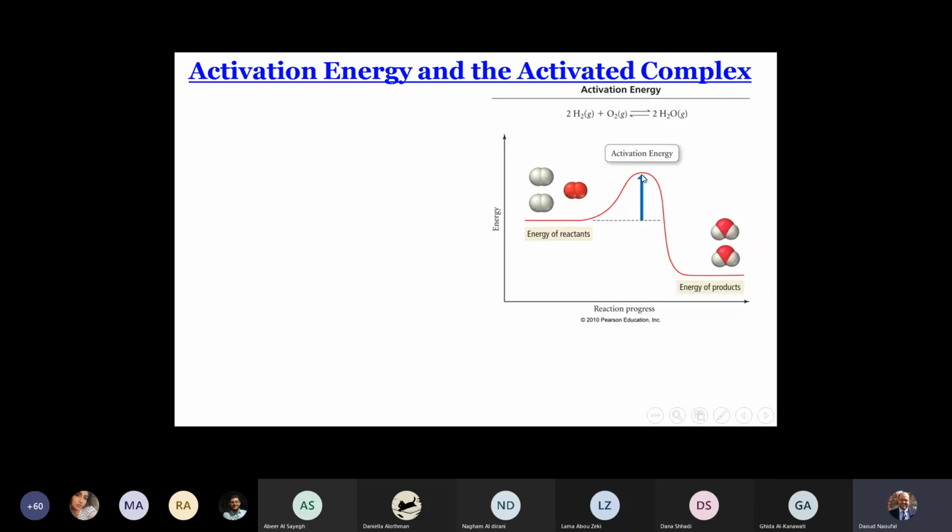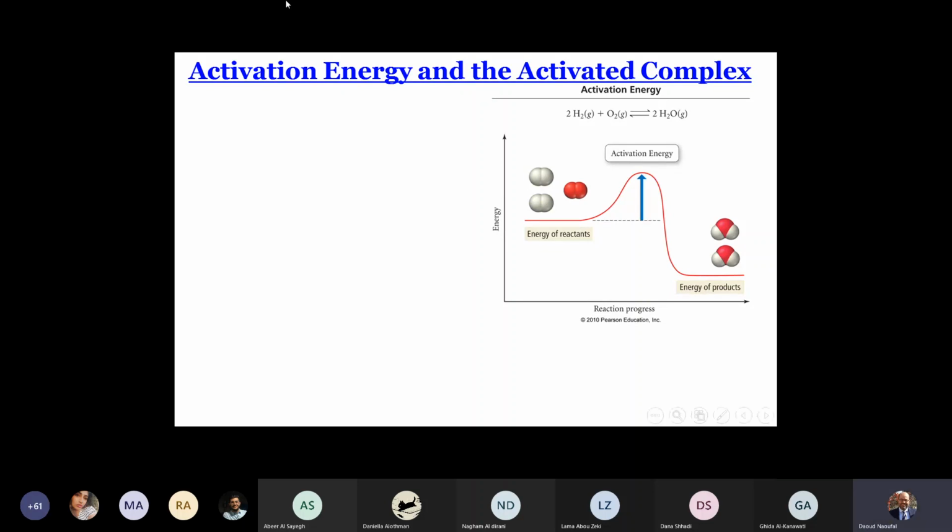Activated since the formation of this intermediate will release the products. For this reason, this is the activated complex. By definition, the activated complex is an unstable intermediate between the reactants and the products, and when we reach this activated complex, we may have formation of the products.